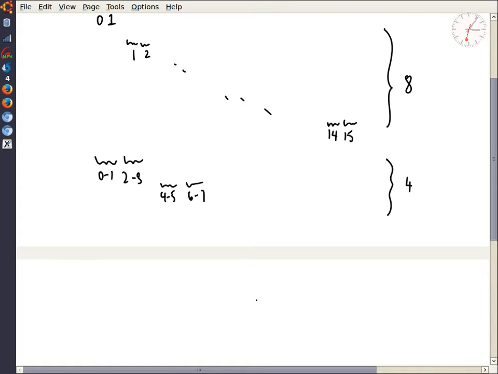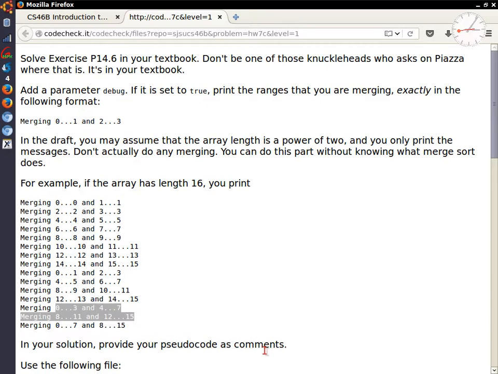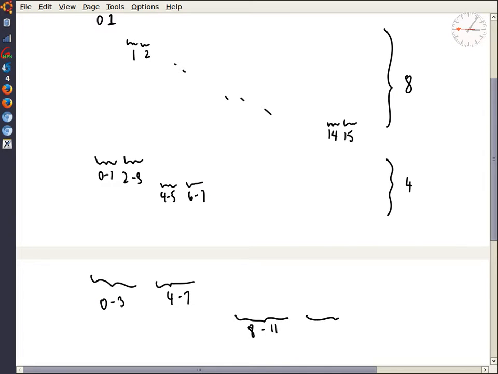No, I'm all wrong. We're having from 0 to 3 and 4 to 7. That's one merge, and the other one is then the one from 8 to 11 and from 12 to 15. So we have 2 merges like that.